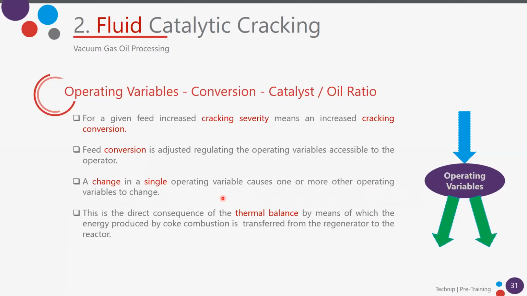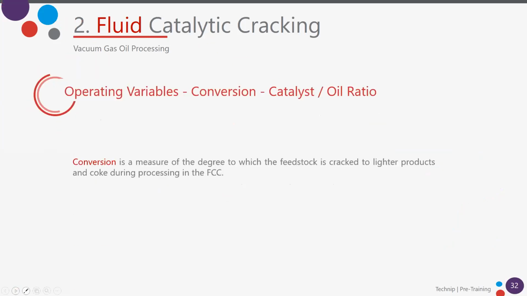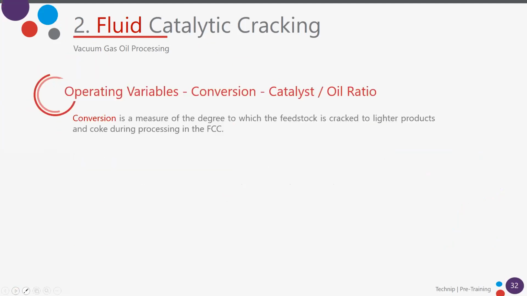Because of the thermal balance that we have around the unit. Let's define conversion. Conversion is a measure of the degree to which the feedstock is cracked to lighter products and coke during processing in the FCC.